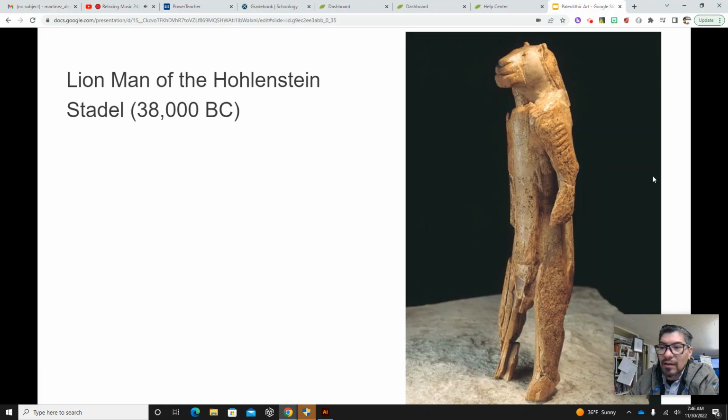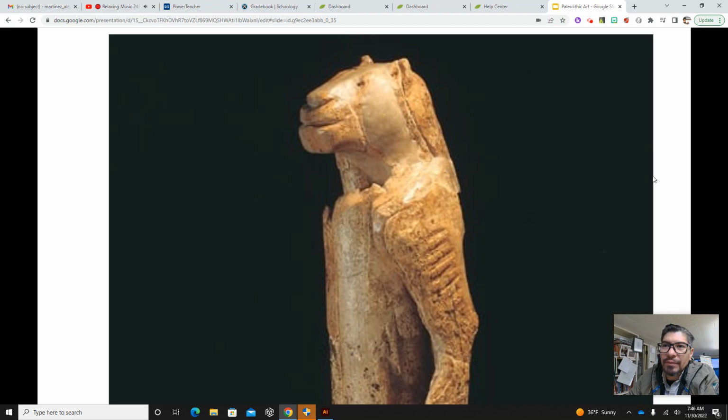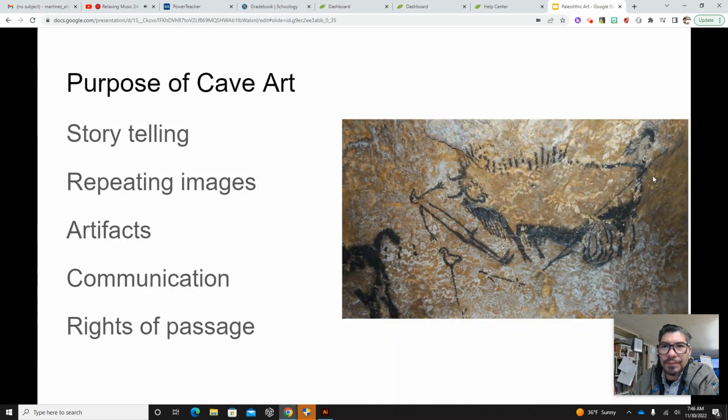This is 38,000 years before Christ. We have the carving and we have the careful sanding of this bone into a shape, and that's clearly the head of a lion. And again, this is in Europe. Today, we don't find lions in Europe, right? So it can tell us a little bit about the genetics of animals at the time.